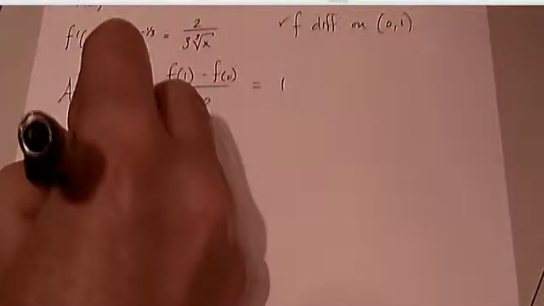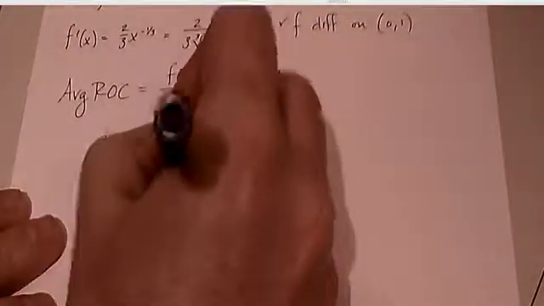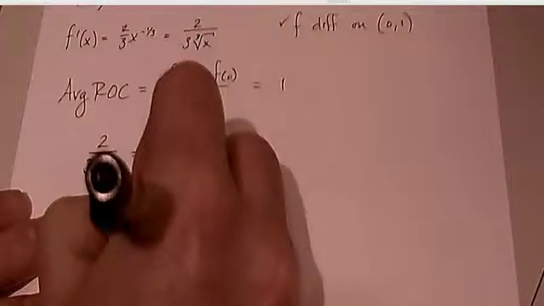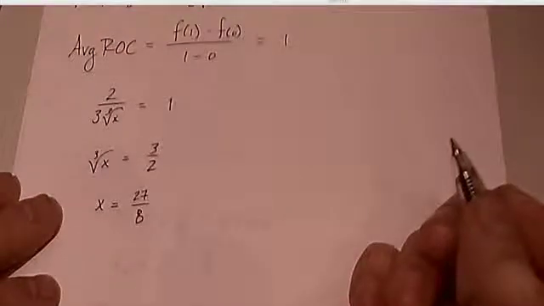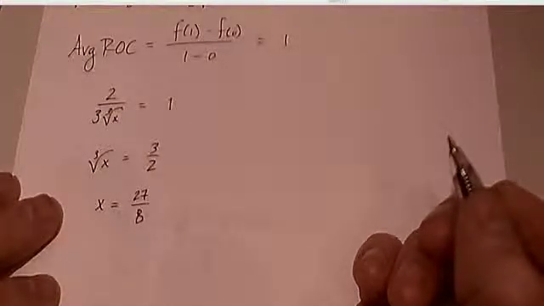I know that 2 over 3 times the cube root of x is equal to 1, or the cube root of x is equal to 3/2, which means I'm going to have to cube both of those, and I'm going to get x is equal to 27 over 8. Now, hold on.